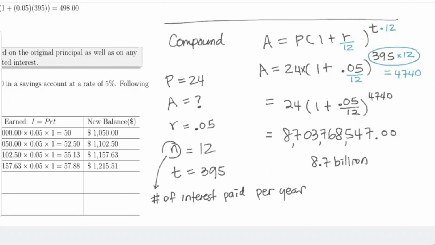Not yet. Let's do one more computation. Keep in mind, if we get paid every month, we have $8.7 billion. Now I change this. Instead of every month, what if I get interest every week? So every Friday you get interest. It's possible.